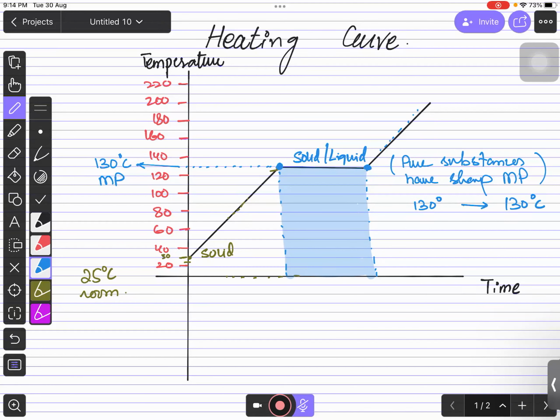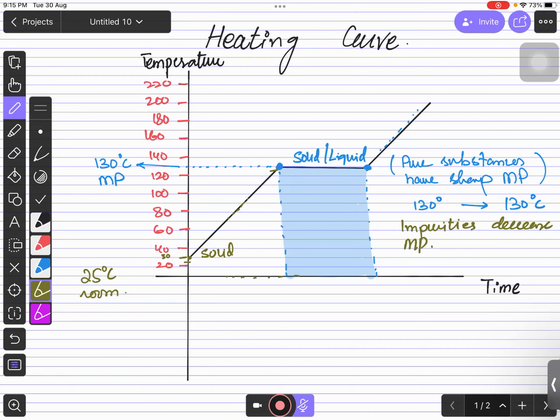So for example, if there are some impurities in this substance, you need to remember what impurities do, bacho. Impurities decrease the melting point, right? Impurities decrease the melting point. First, your melting point will decrease, and then it will show melting over various temperatures, right? And it will show a range of temperature.